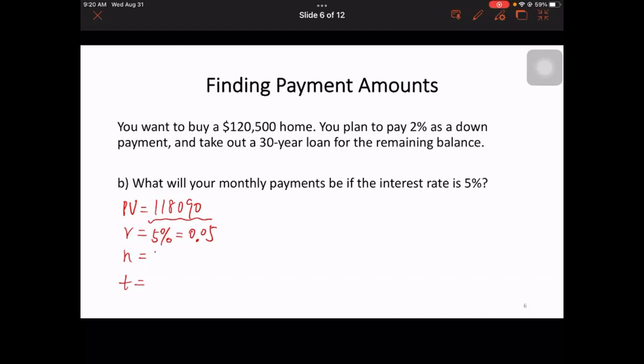N is how frequently you pay the loan. Right, N equals 12, good job. And then T equals 30. Yeah, T equals 30, that's correct. Okay, good job. All right, now you need to put those values into the payment formula, right?